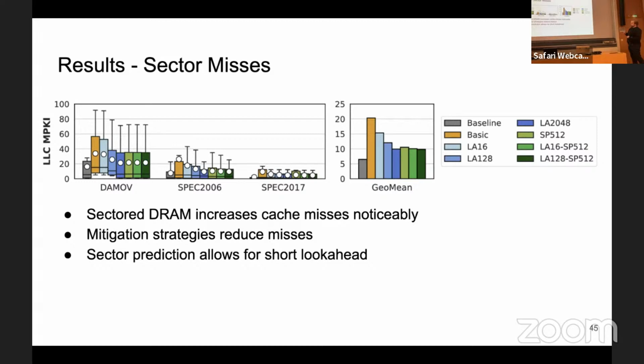So this is worse. Or even something that looks ahead only 16 entries and has the same strength of sector prediction. So this is worse, but it's in the same order of magnitude bad. So what this shows is that the mitigation strategies we have are somewhat effective. So this sort of look ahead, we'd have to develop very good predictors to be better than that sort of look ahead. What this does mean is that sector DRAM does have worse performance on some workloads.